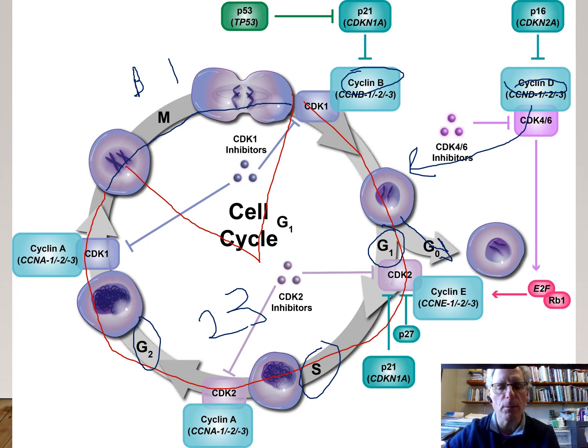Cyclin A is associated with late S phase, emergence from S phase, and early G2. And then cyclin B is associated with progression into M phase, and then degradation of cyclin B is associated with emergence from M phase into G1. Incidentally, disruption of cyclins is associated with certain cancers.